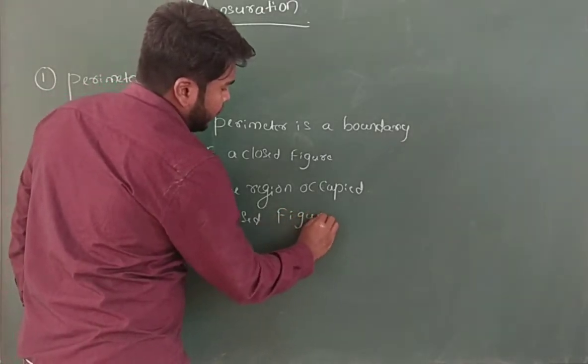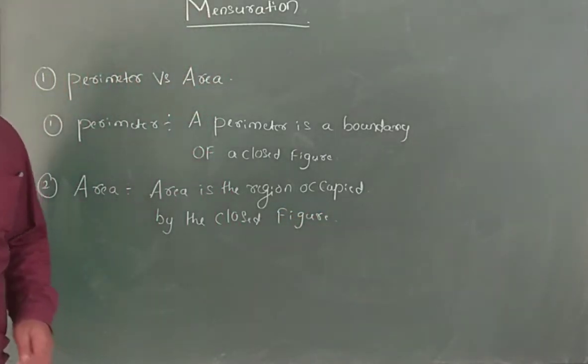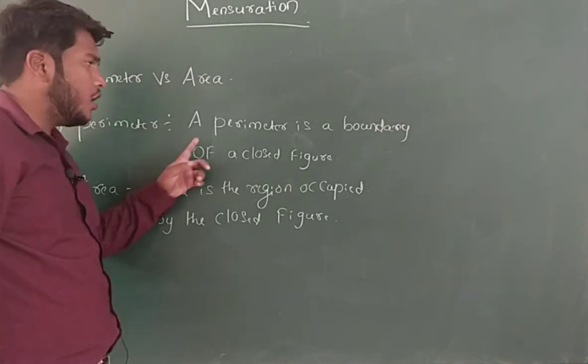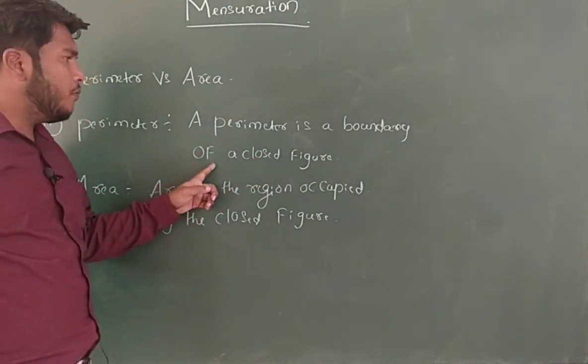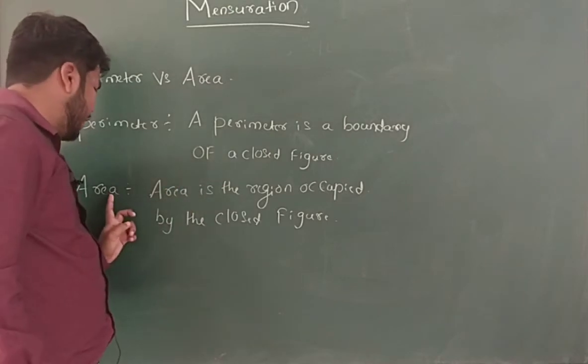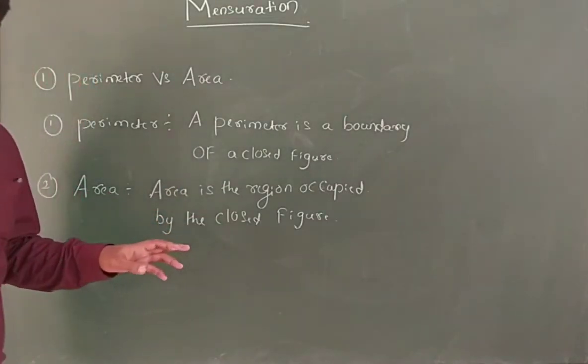So these are the definitions for perimeter as well as area. A perimeter is a boundary of a closed figure. Area is the region occupied by the closed figure.